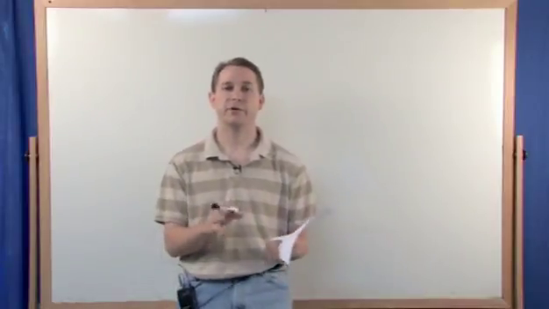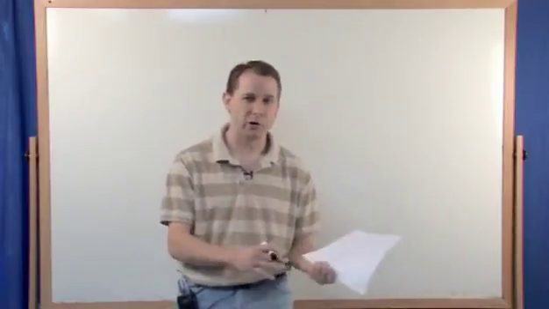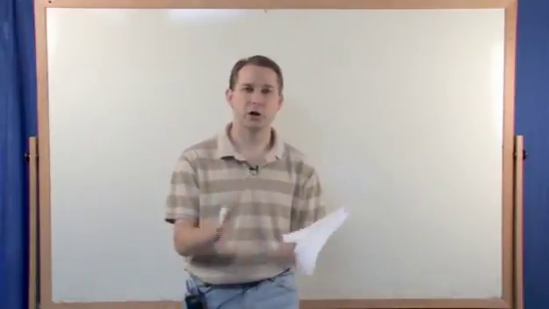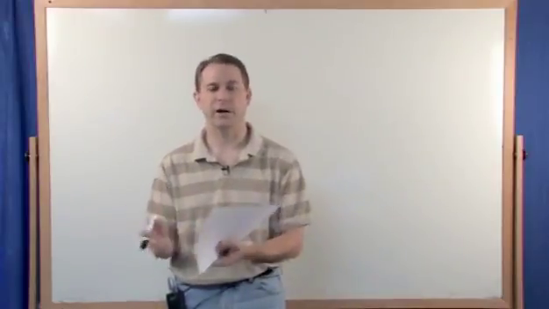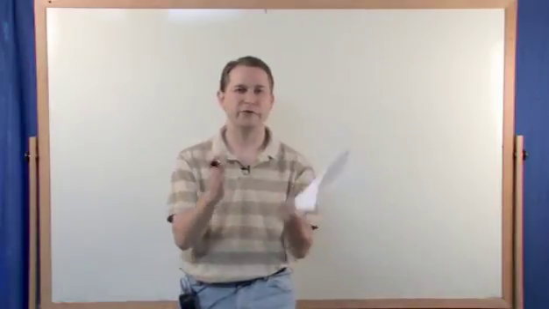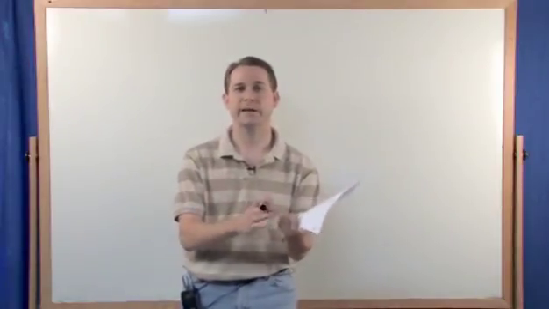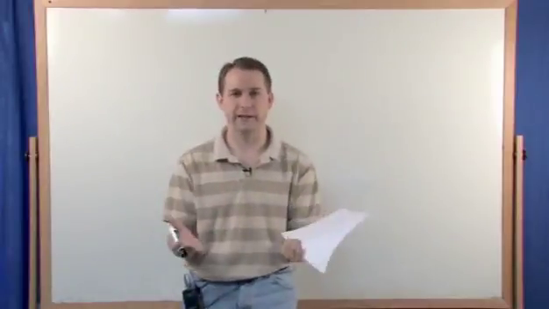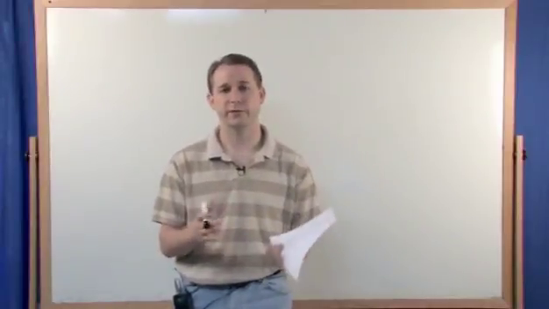So anytime you have something that involves comparing two numbers like that, when you're trying to find out how much bigger or smaller, you're usually going to subtract those numbers, okay?